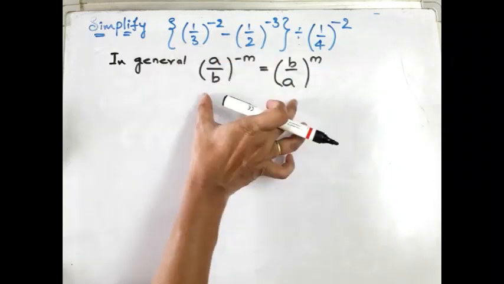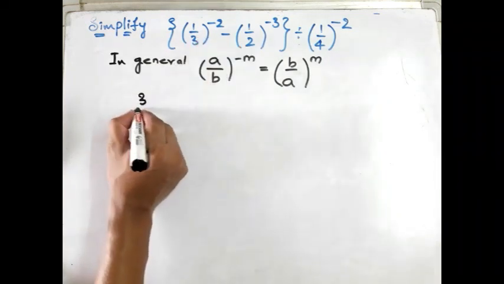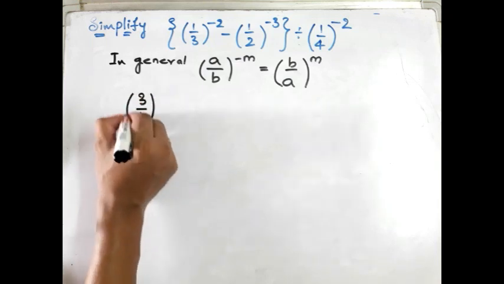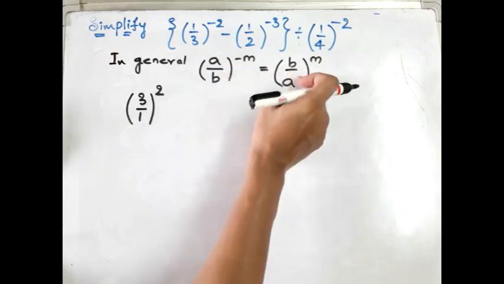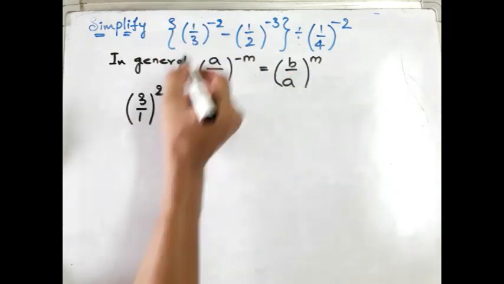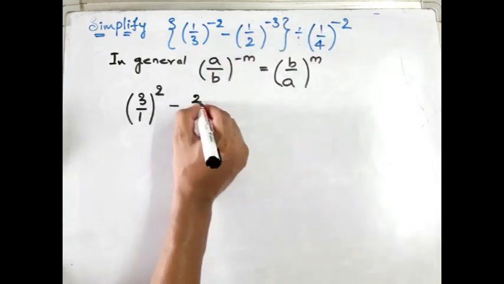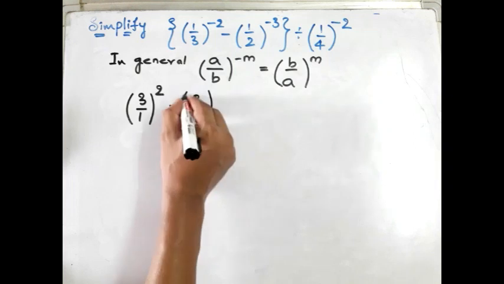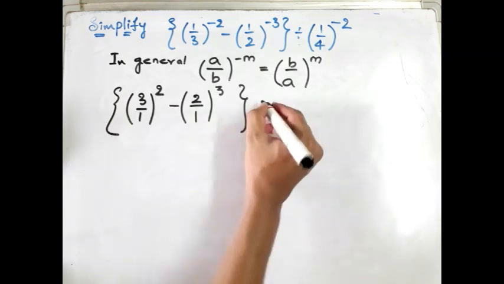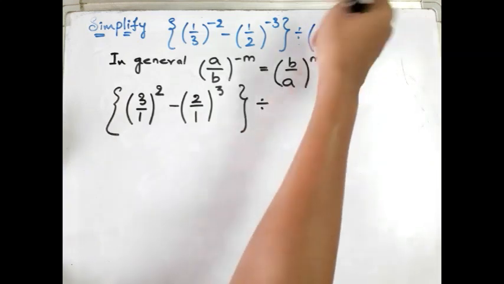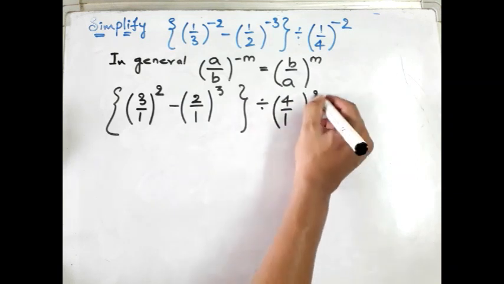Using this general rule, we can write 1 by 3 whole power minus 2 as 3 by 1 whole power 2. Minus should become plus. 1 by 2 whole power minus 3 we can write as 2 by 1 whole power 3. This one is divided by 1 by 4 whole power minus 2, which we can write as 4 by 1 whole power 2.